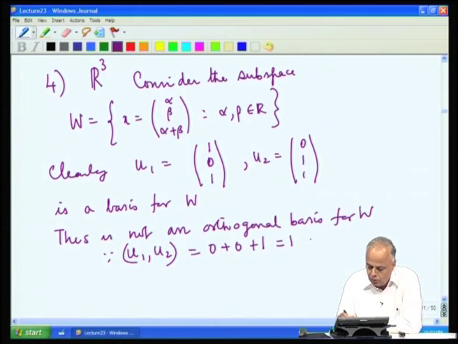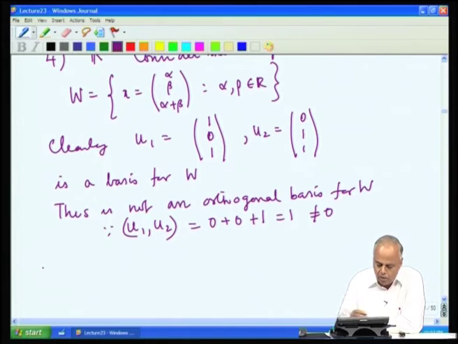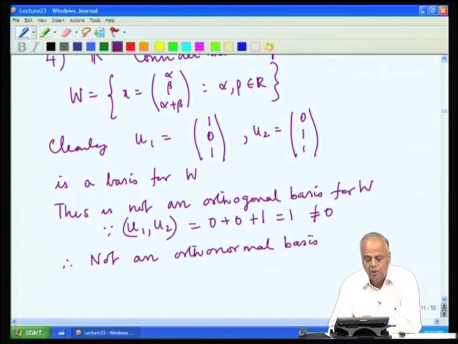So, the inner product of u 1 and u 2 is 1, not equal to 0, and therefore, the vectors are not orthogonal, and therefore, not even an orthonormal basis. It is not even normal. So, it has neither the orthogonality property nor the normality property.